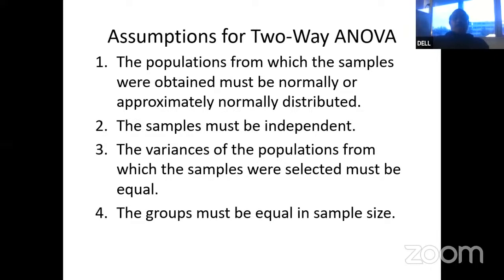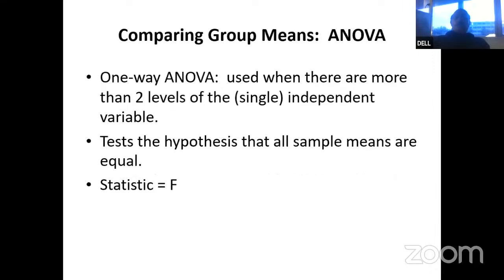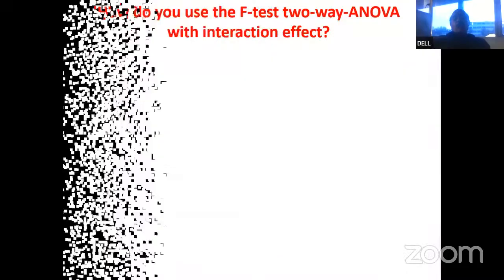Variances of the populations from which the samples were selected must be equal, and the groups must be of equal size. Those are certain assumptions. Comparing the group means is like this. Certain procedural aspects you have to follow in this.